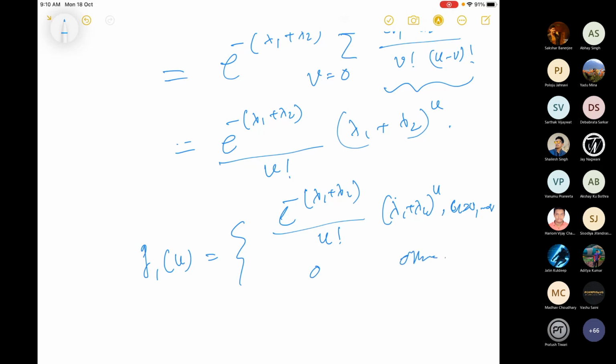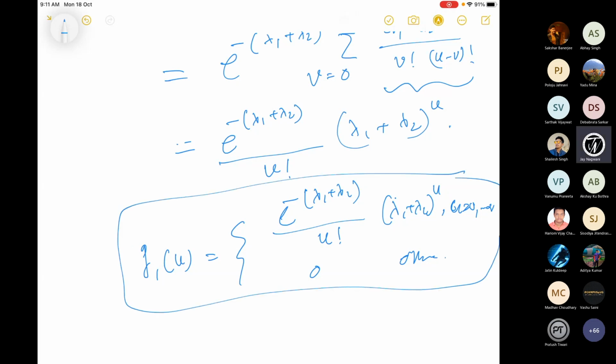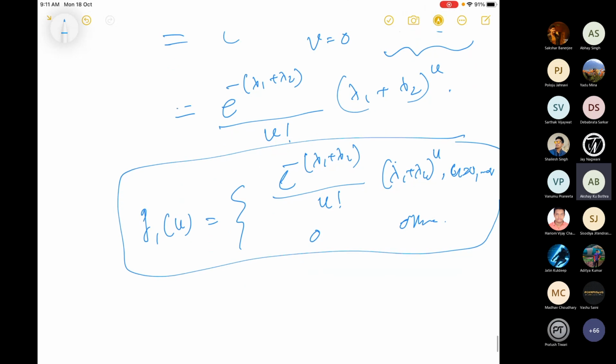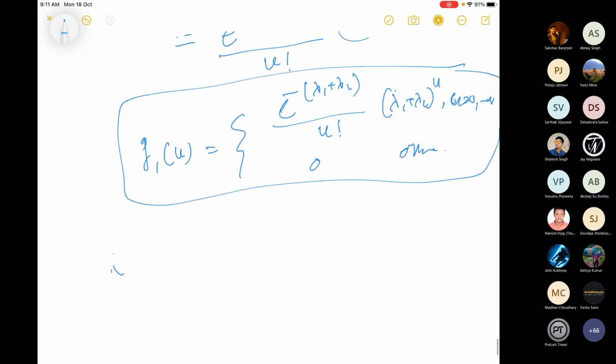So now, can anybody tell me what is this distribution? How does it look like? Poisson distribution. Yes. So here is the remark.